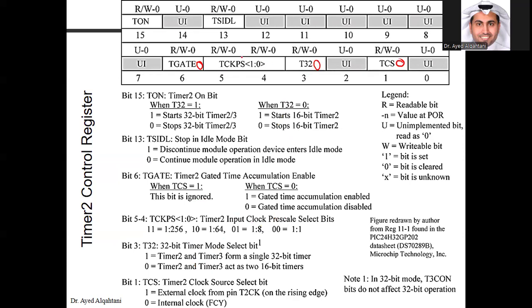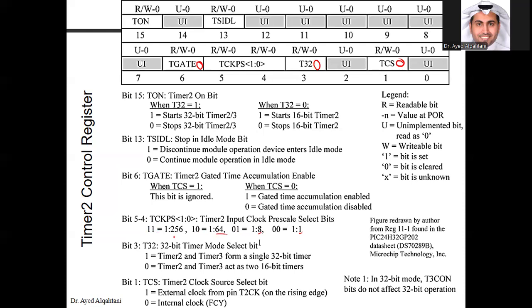And now here is our choice of the prescale value or the prescale scheme. We have 2 bits, and now you know exactly, if you choose 0, 0, then the prescaler will be 1. If you choose 0, 1, the prescaler would be 8. If 1, 0, the prescaler is 64.